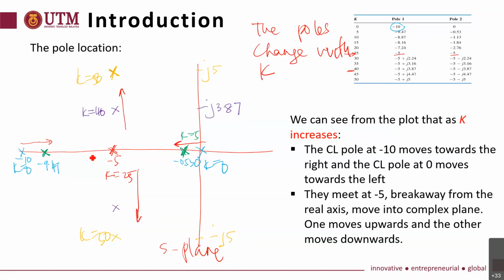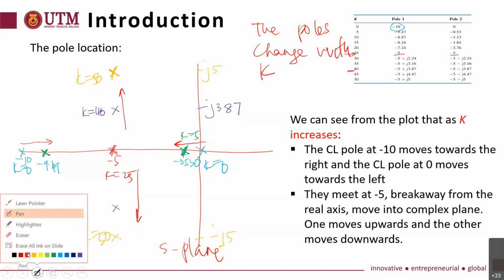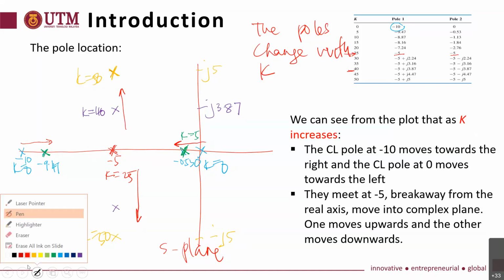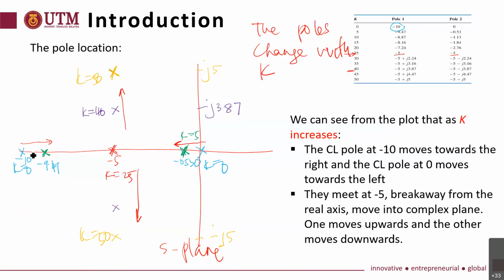This movement is called root locus. If we draw from here to here, showing the movement of the pole, we can show direction, and this one moves to here, from here, and then goes up, and goes down.